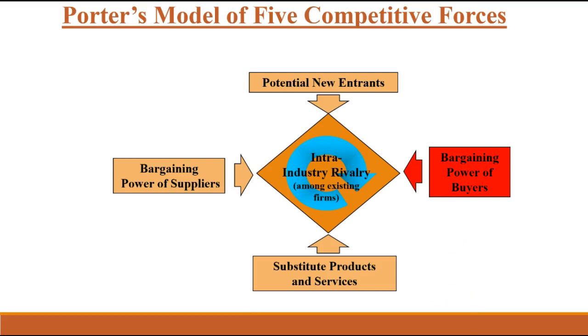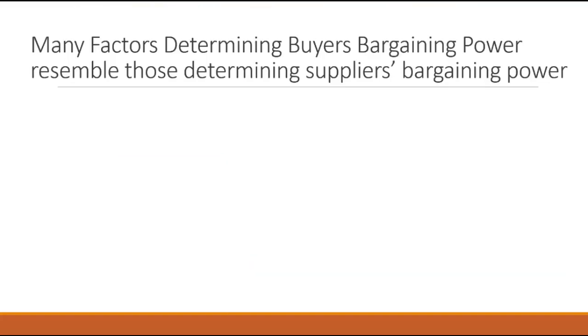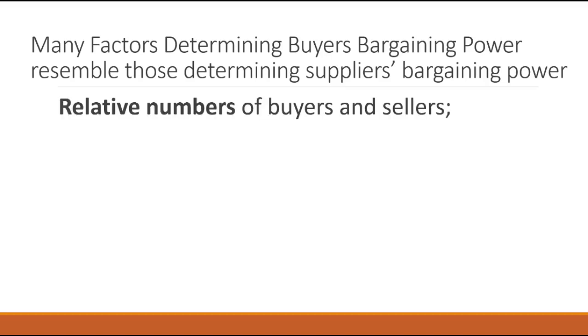Well, let's think of some of the factors that help influence buyers' bargaining power. As I mentioned, the key ones are really the same ones that we saw when we thought about suppliers' bargaining power. So I spent a lot of time talking about the relative numbers of buyers and sellers.